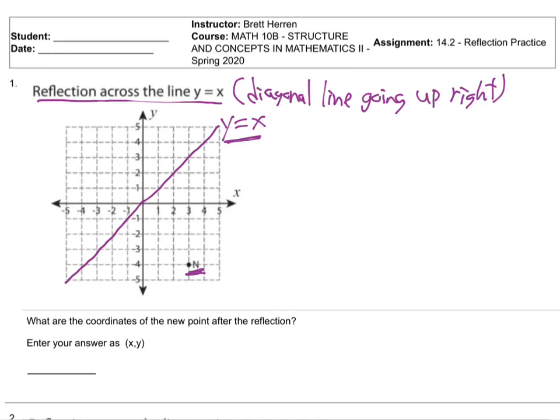Okay. So now what are we supposed to do about it? They want me to reflect this point in the line. So what do we do? We move straight at the line.